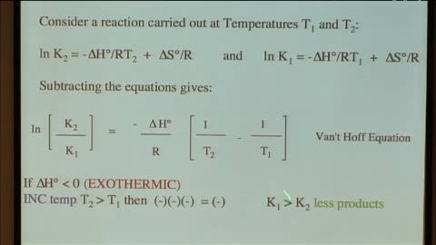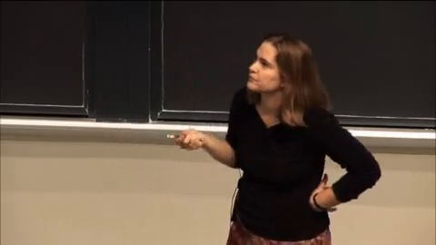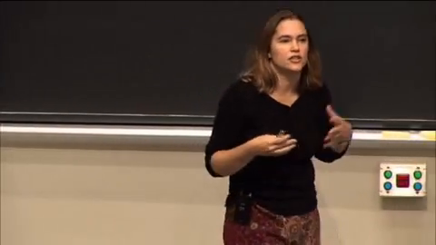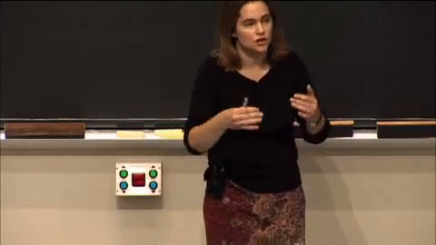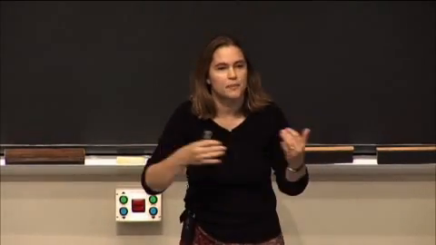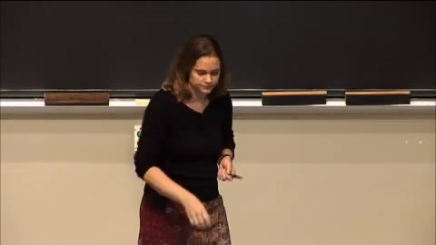So you would expect that the equilibrium constant at the lower temperature would be larger than at the higher temperature, that there'd be less products at this new higher temperature. Again, you can think about it in terms of Le Chatelier's principle, or you can run through this equation and do the math and think about the relative size of K1 and K2.